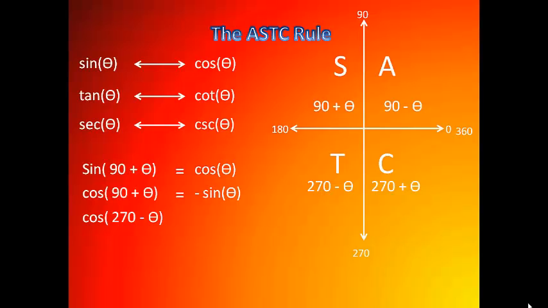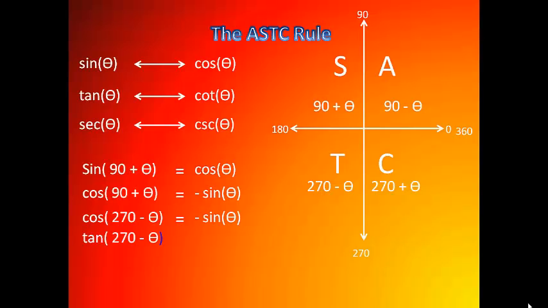Cosine 270 minus theta. 270 minus theta lies in the third quad. Its home is tan, and we are talking about cosine, so we need a negative. The result is negative sine theta. Remember, 270 will convert cosine into sine.